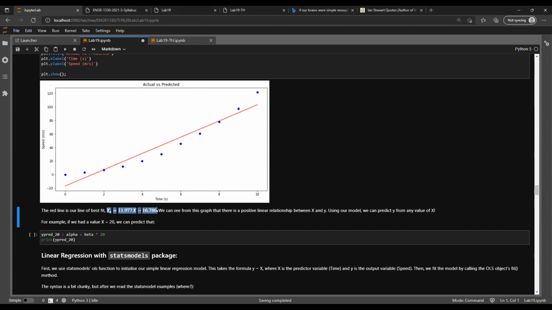This is our model. So for example, if we have an x value of 20, and I want to know what our speed would be, unless some wonky stuff goes on, like, I don't know what speed we're measuring here. Let's see, meters per second. That's pretty fast, isn't it?